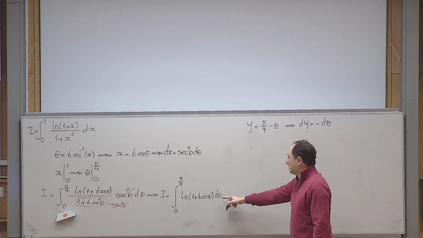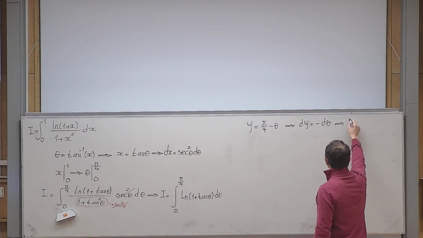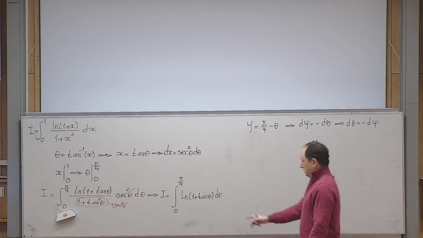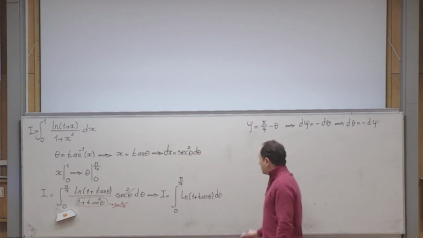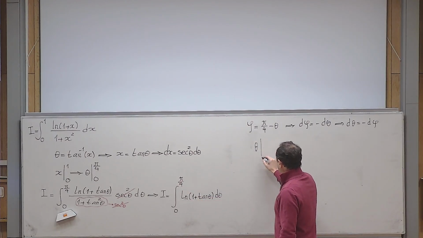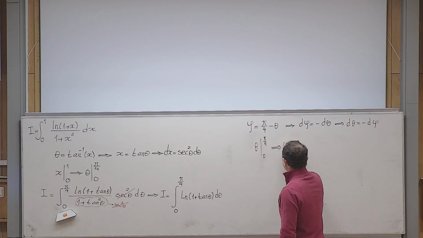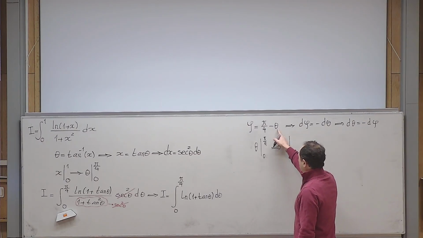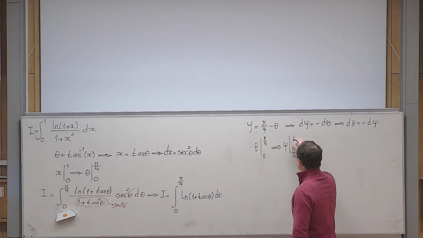So the d theta that I need becomes minus d phi. And again, this will affect my limits. So theta goes from 0 to pi over 4. This means that phi goes the other way around. If theta is 0, phi is pi over 4. And if theta is pi over 4, phi is 0.